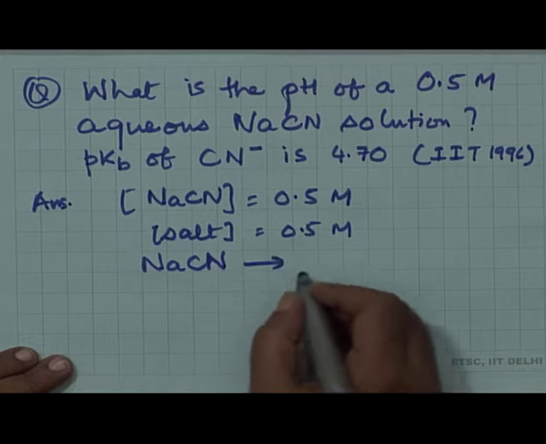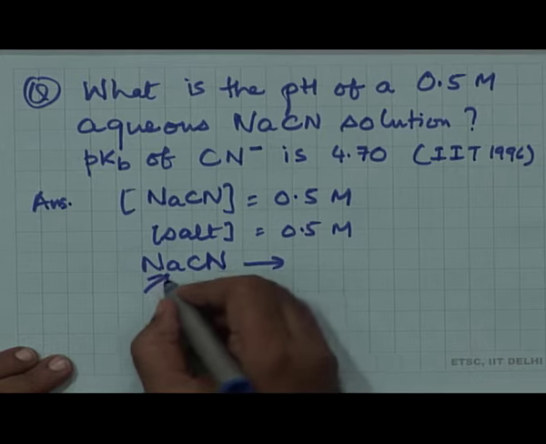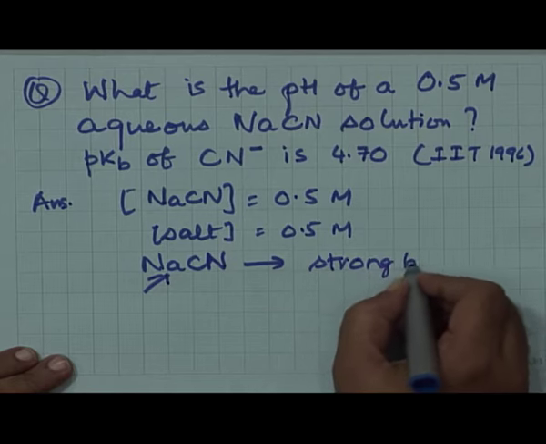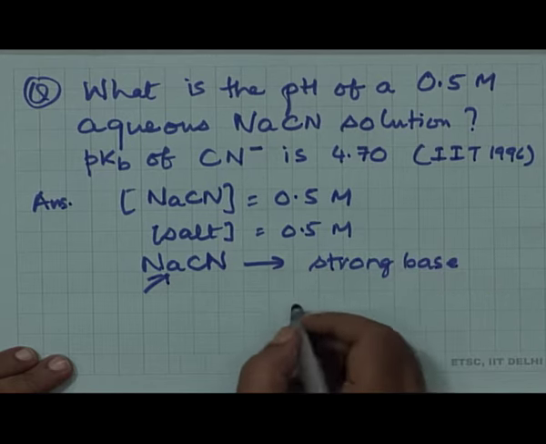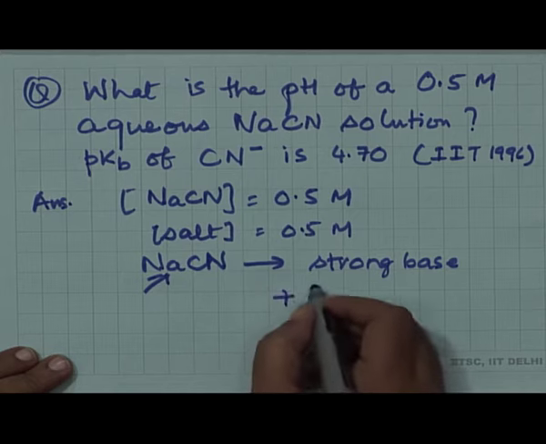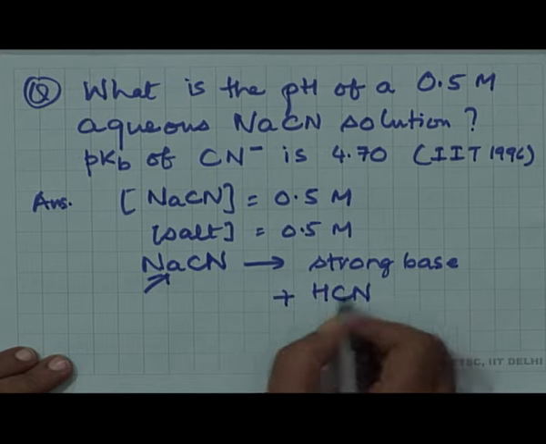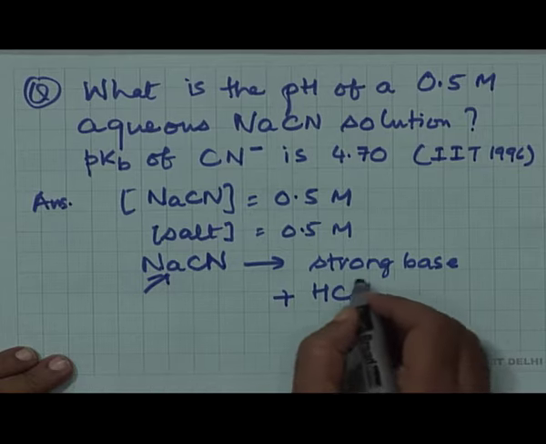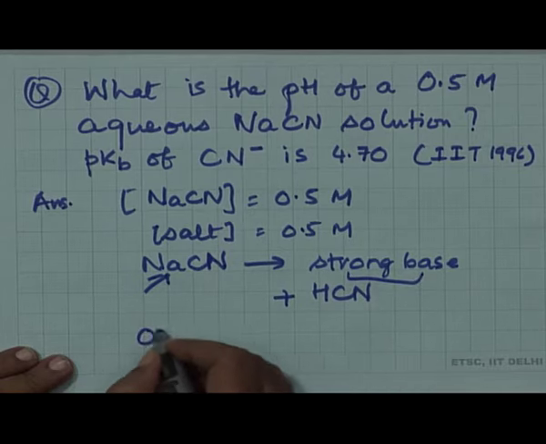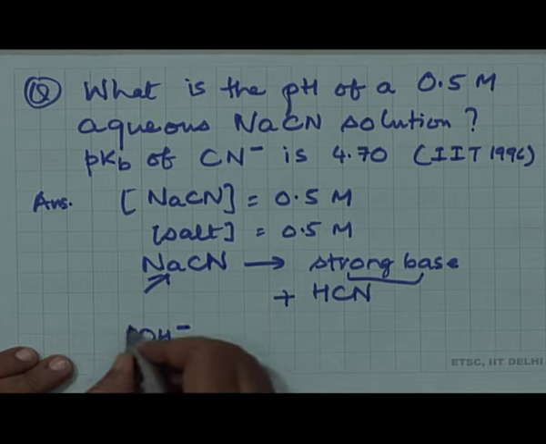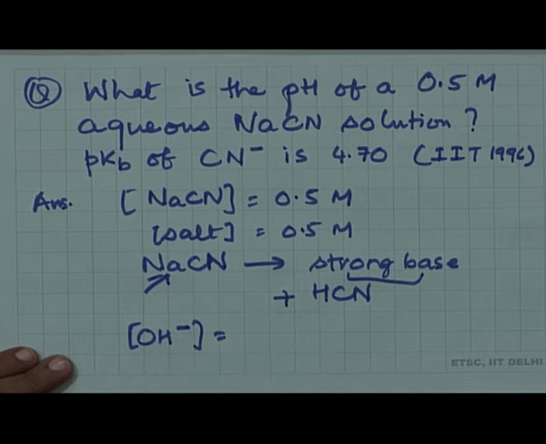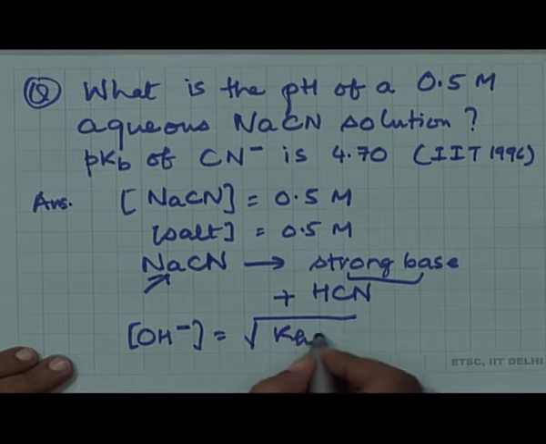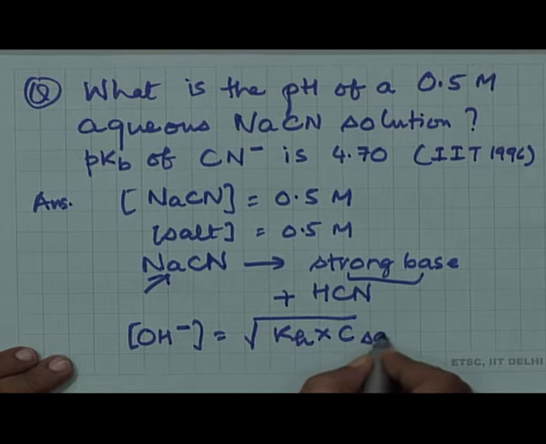is the salt of a strong base, which is NaOH, but weak acid, which is HCN. So, in this case we can calculate the OH minus ion concentration as the square root of Kh into C salt.